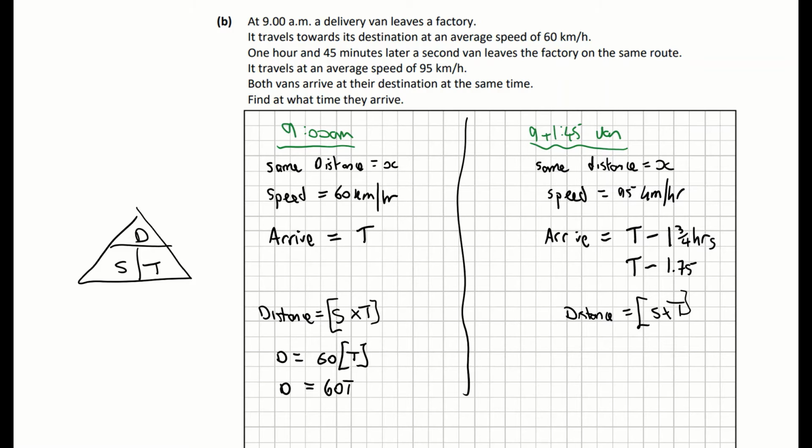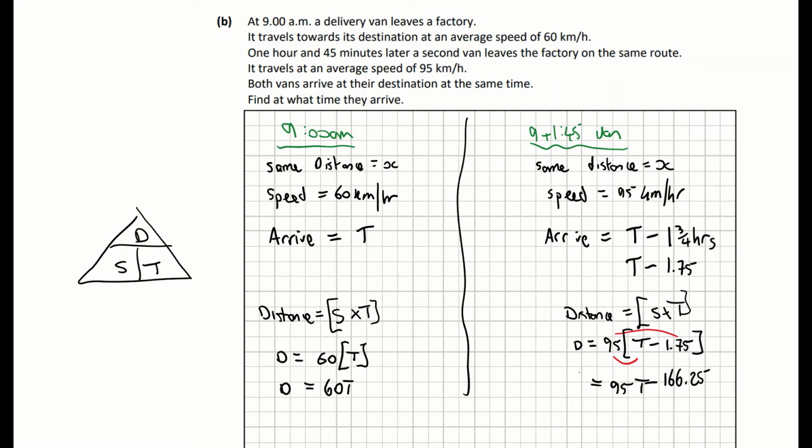Again, I don't know the value of t. Coming over to my second van, it's going to be a speed of 95 kilometers per hour multiplied by time. Well, it's now going to be t minus 1.75, that 1 3/4 hours. And when I multiply in that 95, I get 95t minus 166.25.